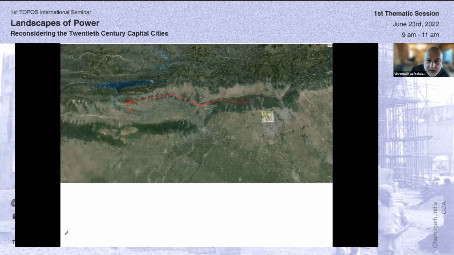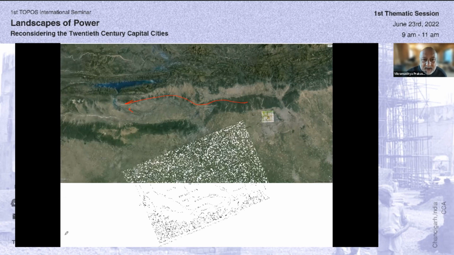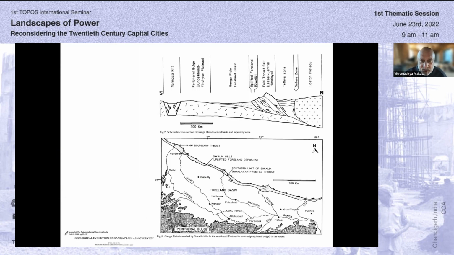The Himalayas go over here, and then there are these small fields. And in fact, if you look at these sections and geological drawings over here, Chandigarh is located about here in this area.